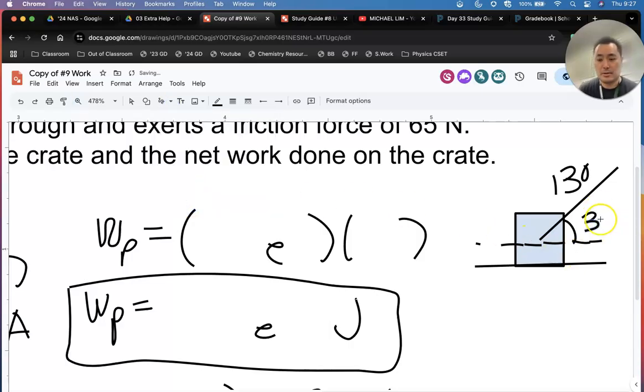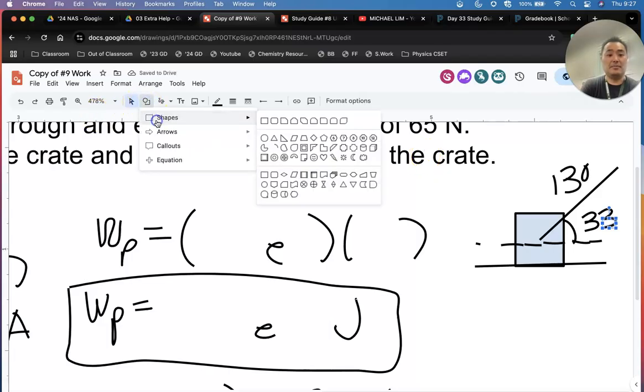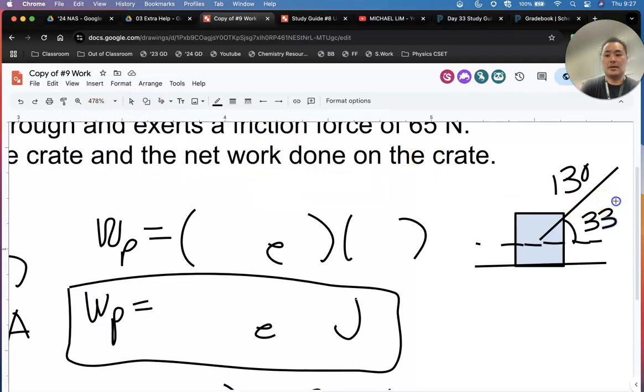Okay, I'm just gonna copy it. I don't know why I can't write 33, but we'll make it work. There's always a way. And that's 33 degrees. Tiny little circle here.